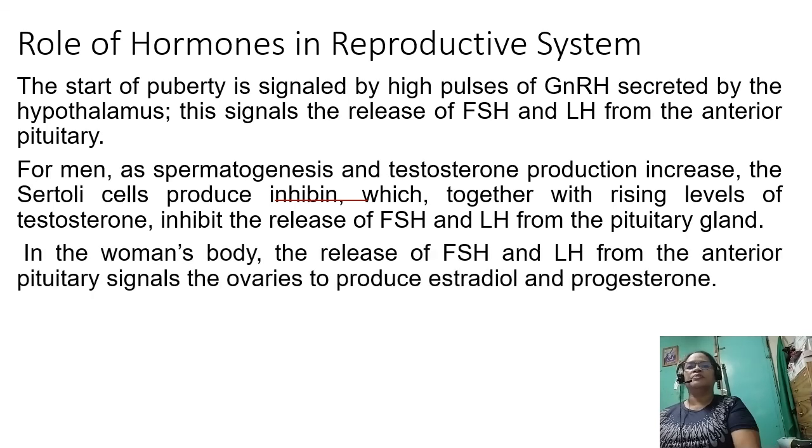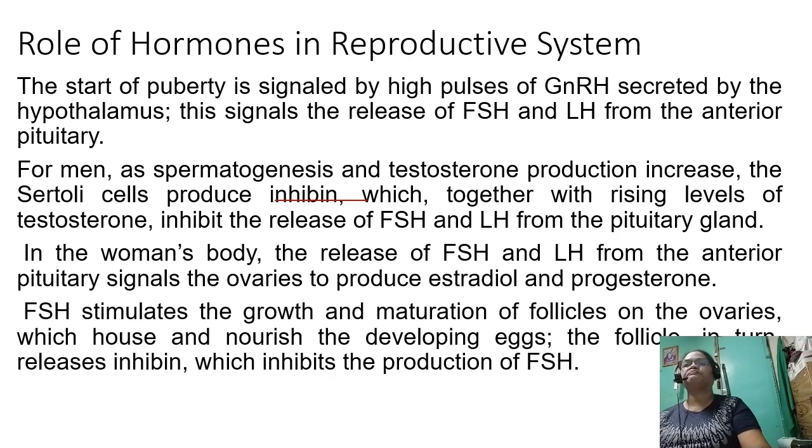In the woman's body, the release of FSH and LH from the anterior pituitary signals the ovaries to produce estradiol and progesterone. FSH stimulates growth and maturation of follicles on the ovaries, which house and nourish the developing eggs.